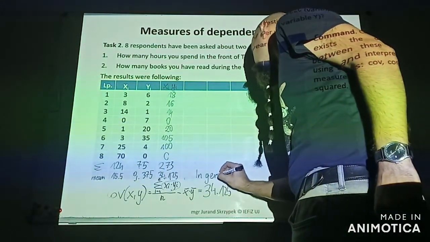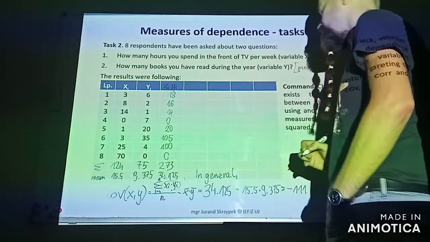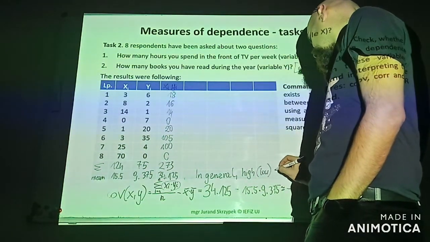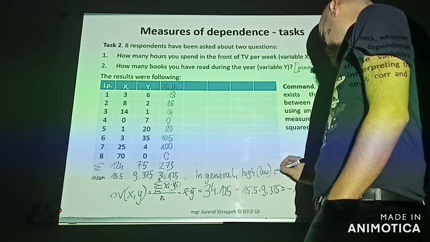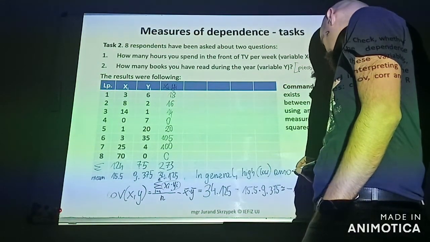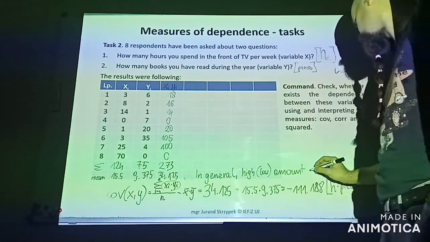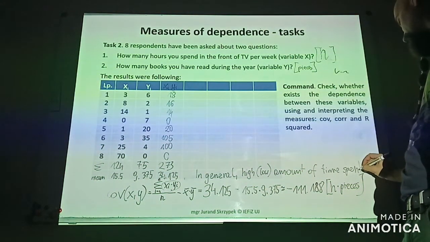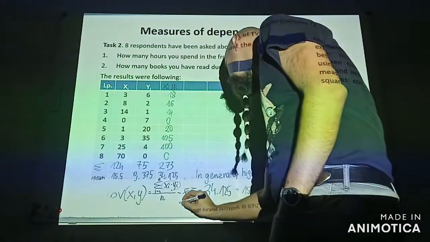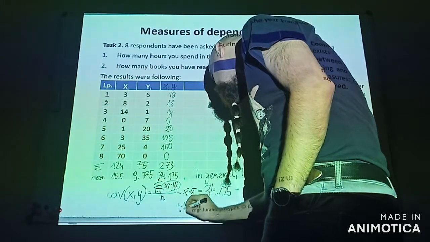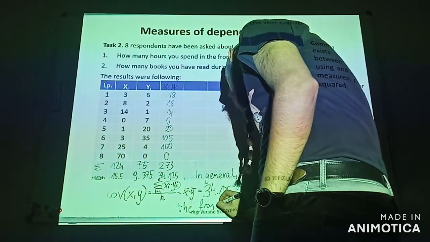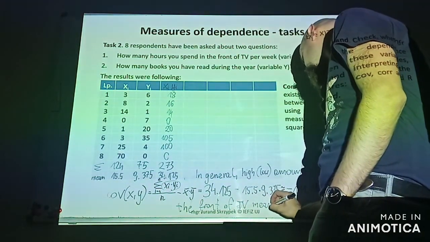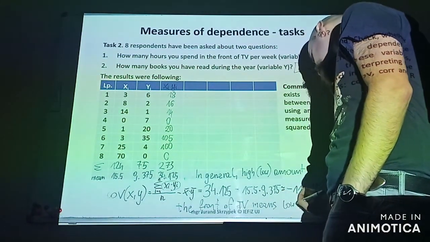In general, high (in brackets low) amount of time spent in front of TV means low (in brackets high) number of books read.